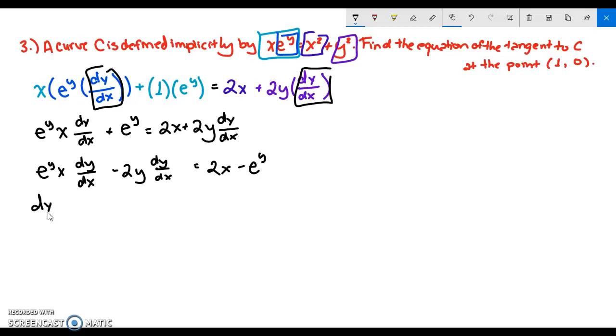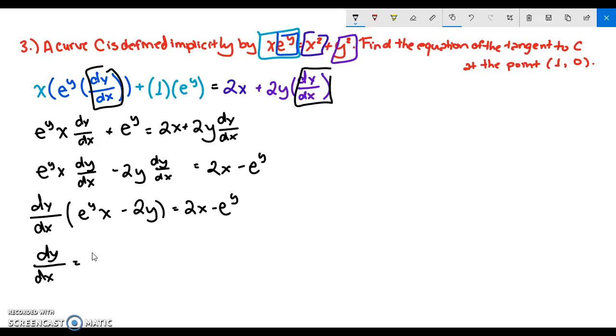Alright, we factor out the derivative: dy/dx times (e to the y power times x minus 2y) equals 2x minus e to the y. So our derivative is actually (2x minus e to the y power) over (e to the y power times x minus 2y).